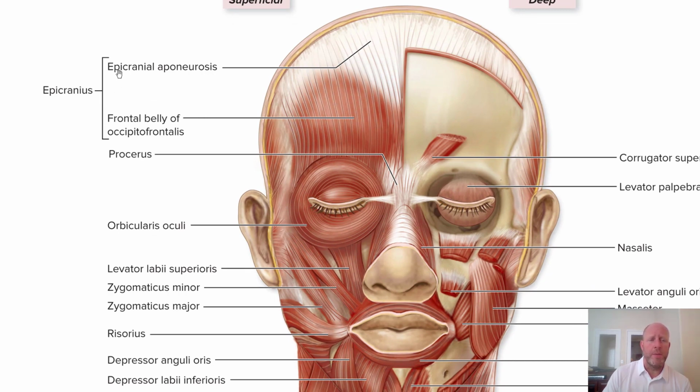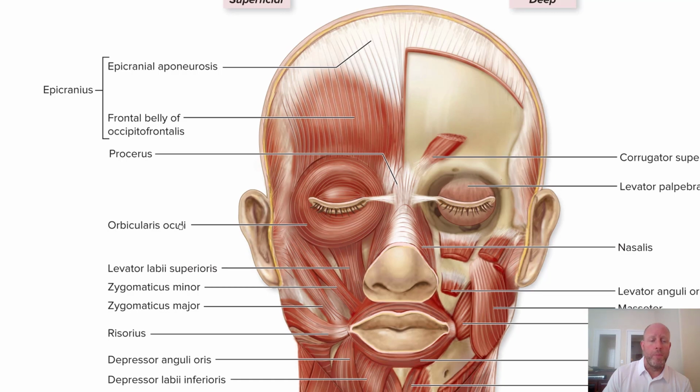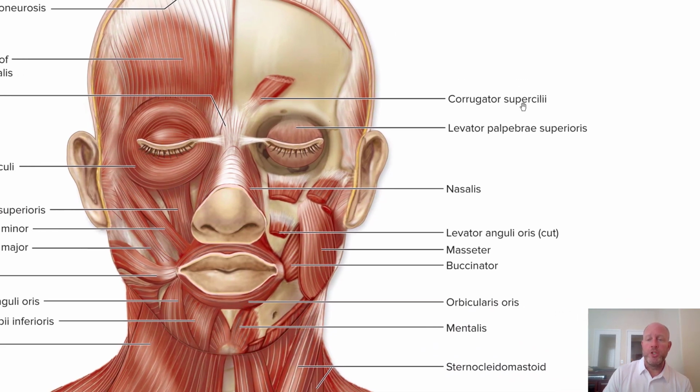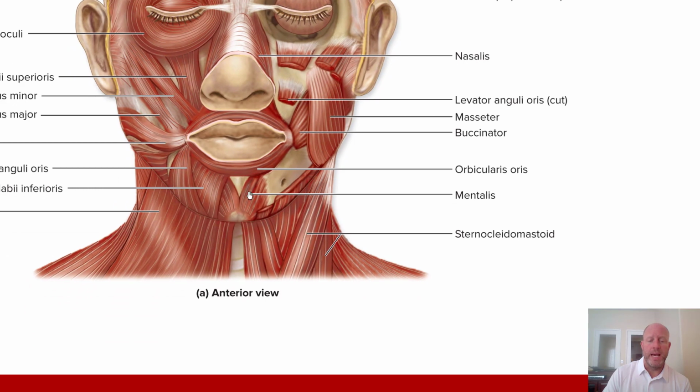For the epicranius, the epicranial aponeurosis, the frontal belly of the occipitofrontalis, the procerus, the orbicularis oculi, the levator labii superioris, the zygomaticus minor, zygomaticus major, the risorius, depressor anguli oris, depressor labii inferioris, the platysma, the corrugator supercilii, levator palpebrae superioris, the nasalis, the levator anguli oris, the masseter, the buccinator, the orbicularis oris, the mentalis, and the sternocleidomastoid. That's all for the anterior view.